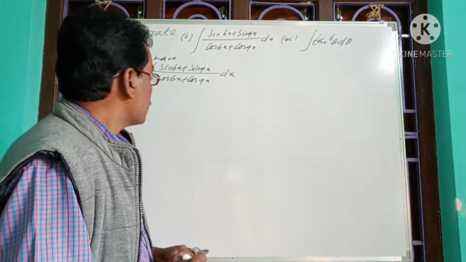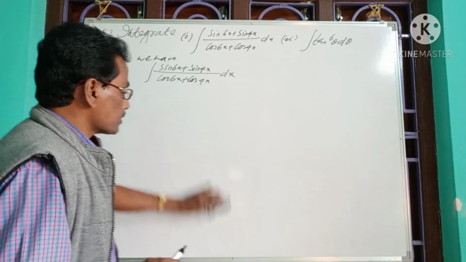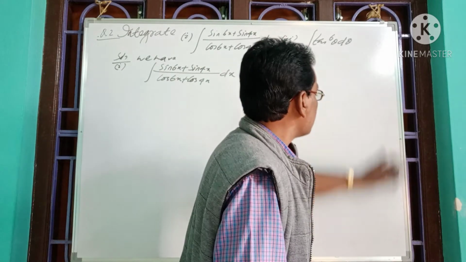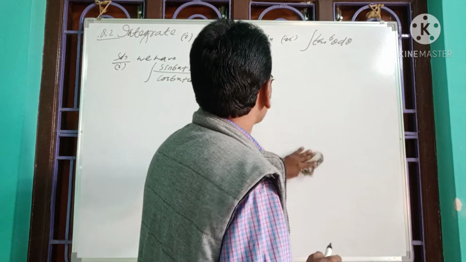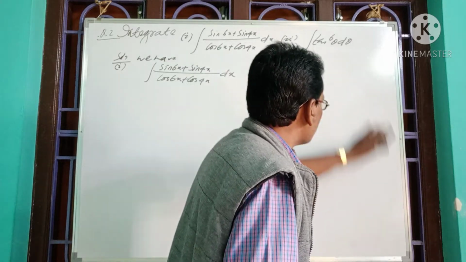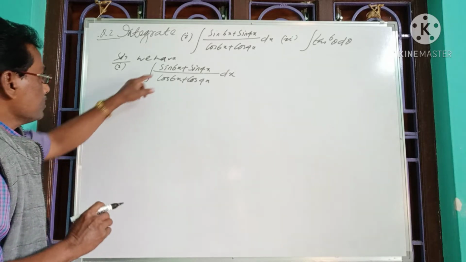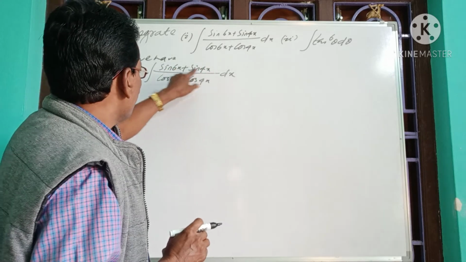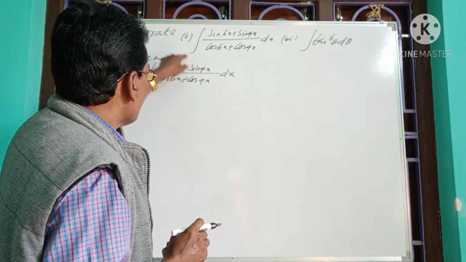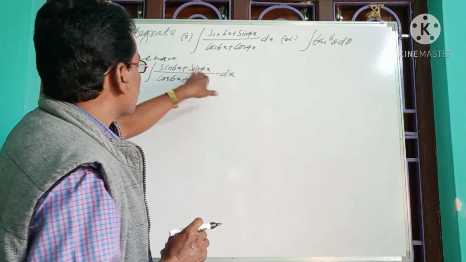So let us try to transform the integrand into standard form so that we will be able to integrate it. Here we have sin 6x plus sin 4x, so assume 6x as c and 4x as d. So we have sin c plus sin d.